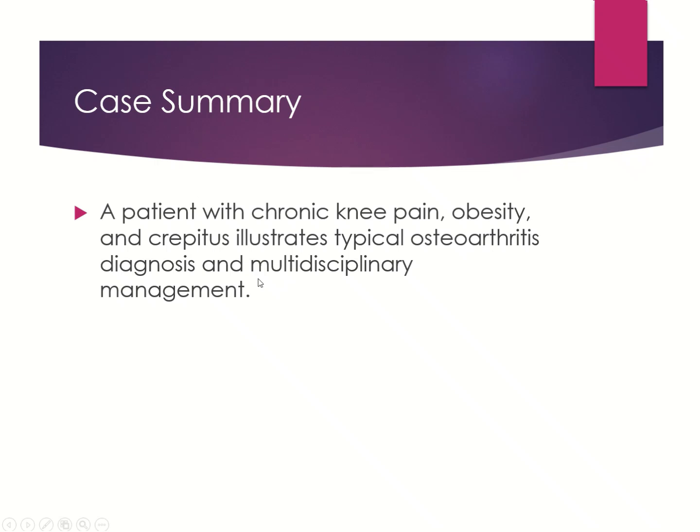Here we are seeing a case in which a patient with chronic knee pain and obesity illustrates typical osteoarthritis diagnosis and multidisciplinary management. Here it is a case summary. A patient who is having chronic knee pain is also having obesity.